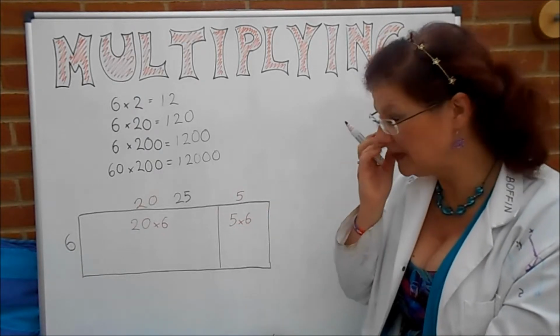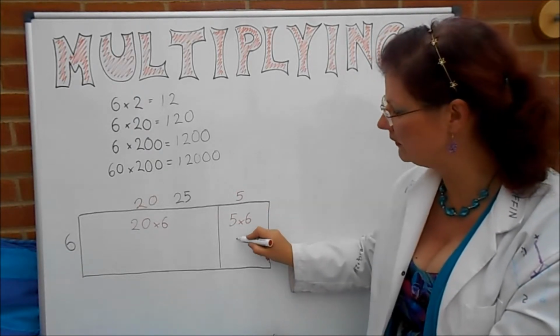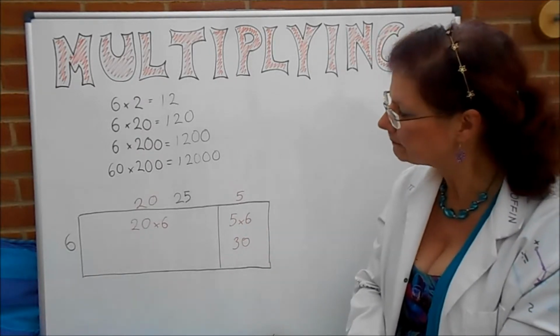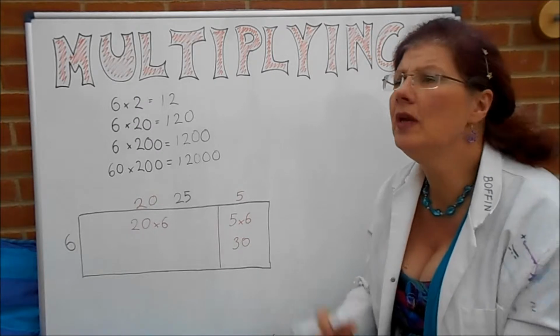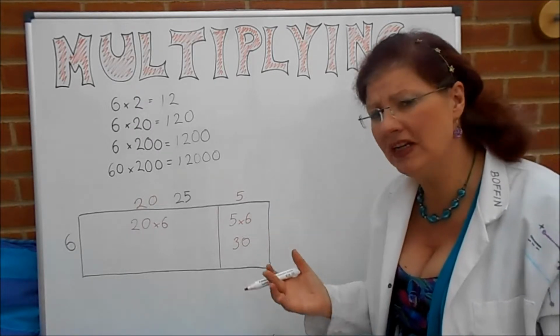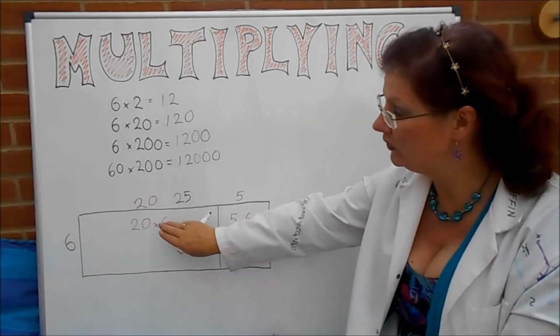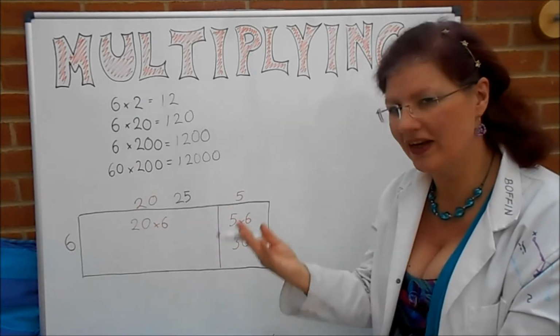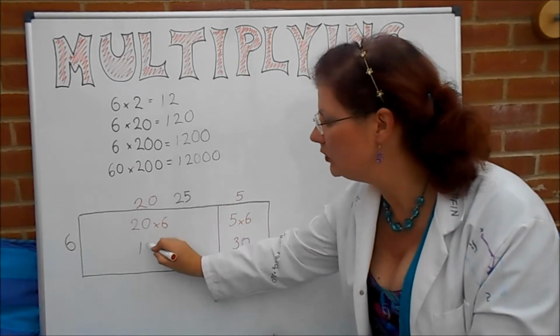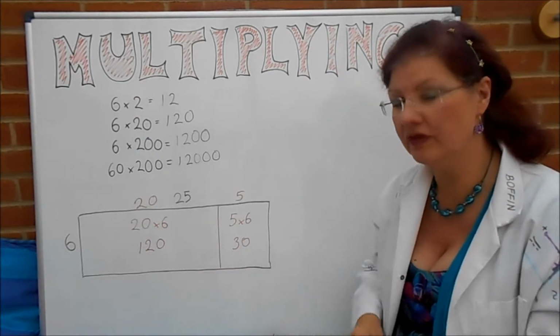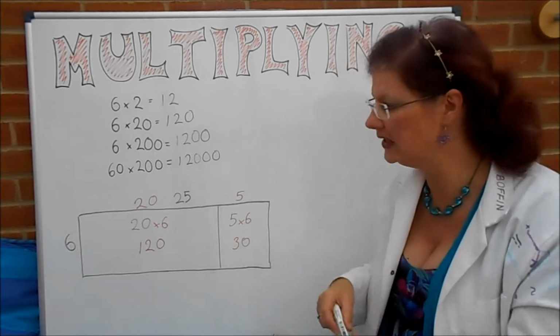Well, let's fill them in. 5 times 6, that's an easy one. 5 times 6, 5 sixes are 30. Hopefully we know that one there. 20 times 6. We say, but Batty, I don't know my 20 times 6. Yes, you do. It's 2 times 6 with an extra naught on the end. So there's your 2 times 6, and there's the extra naught to make it 10 times bigger, because it wasn't actually 2 times 6, it was 20 times 6.